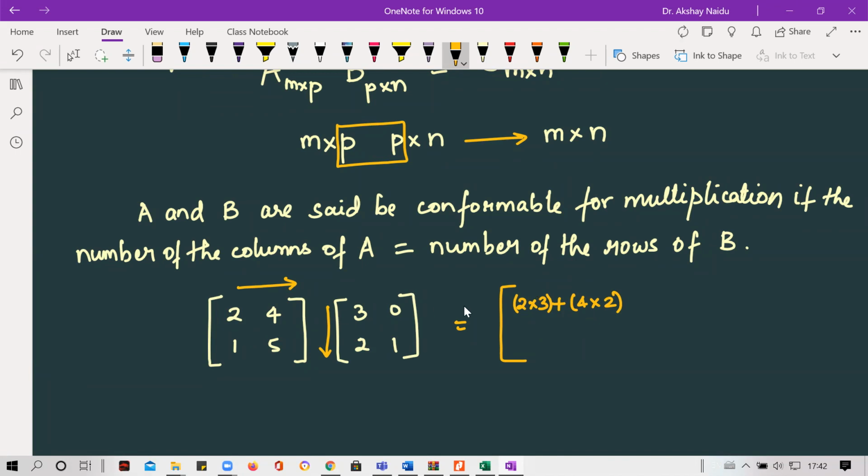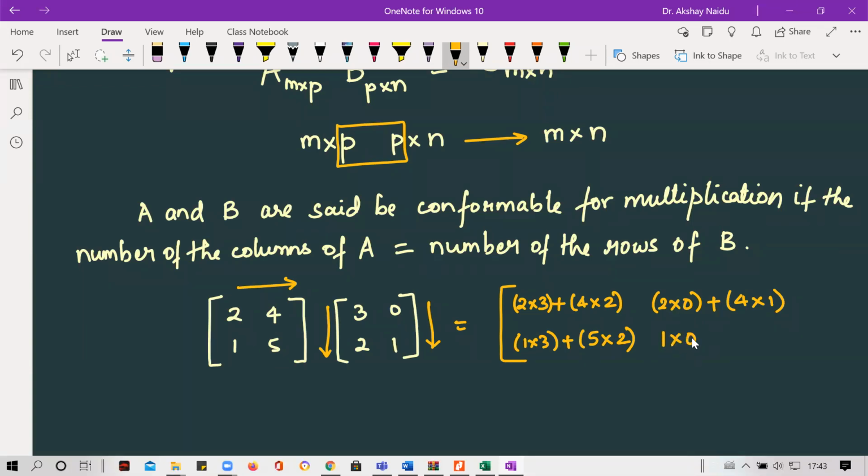The first row, second column element of the product will be 2 into 0 plus 4 into 1. Then the second row, first column element, 1 into 3 plus 5 into 2. And then the last row, last column element, 1, 5 multiplied with 0 and 1.